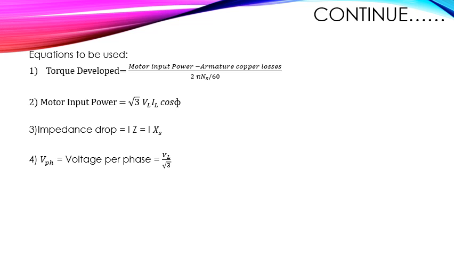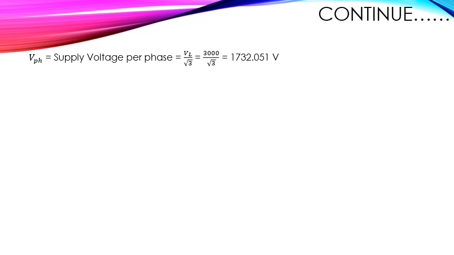Then phase voltage is equal to VL by root 3. Then power factor, that is cos phi, and then line induced EMF is equal to root 3 times the phase EMF. So put the values and get the answer.